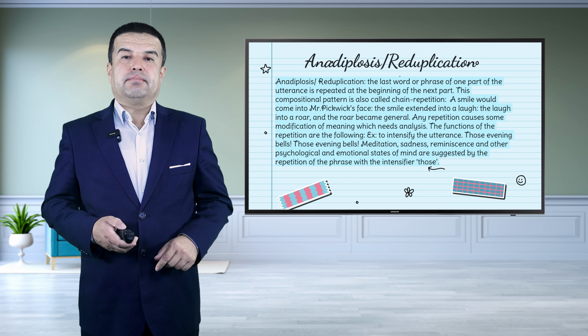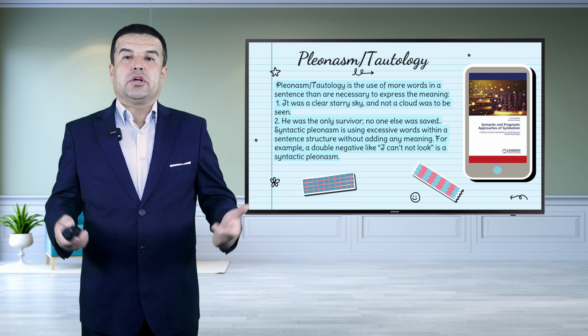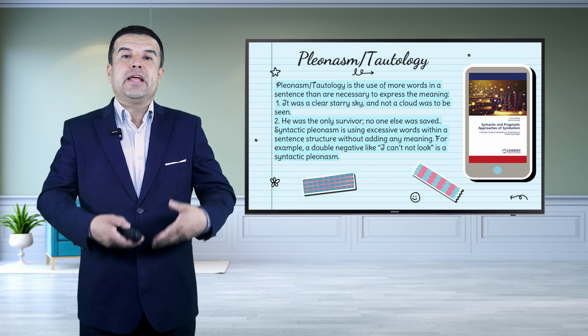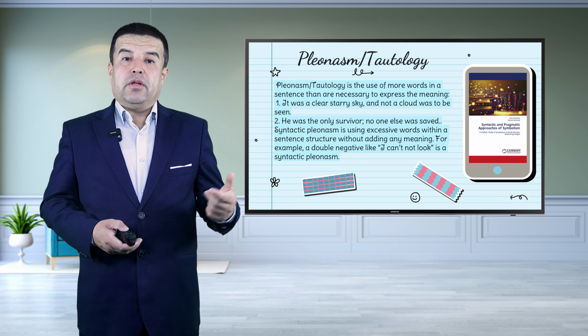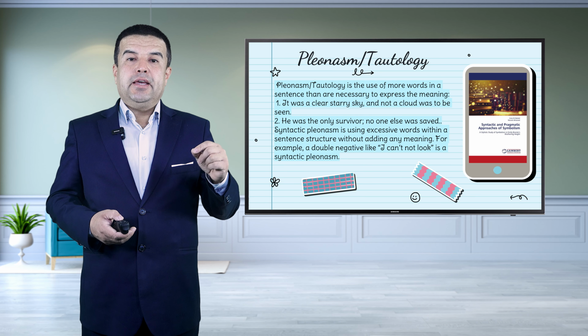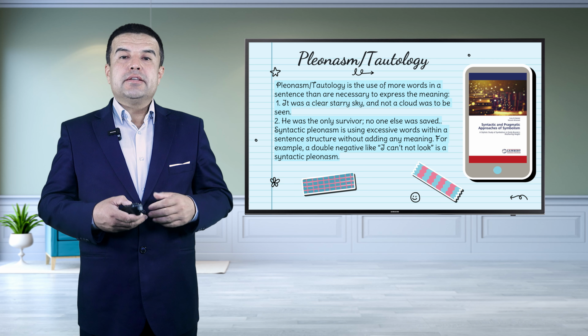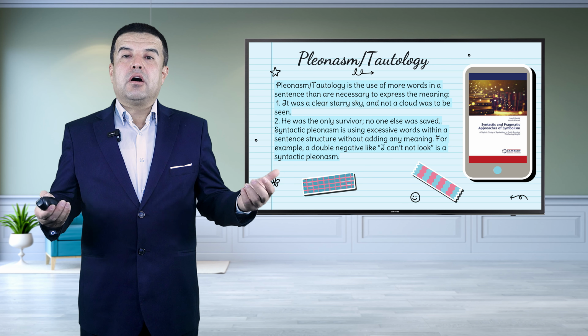Pleonasm or tautology is the use of more words in a sentence than are necessary to express the meaning. There are two examples. The first one is: it was a clear, starry sky, and not a cloud was to be seen.